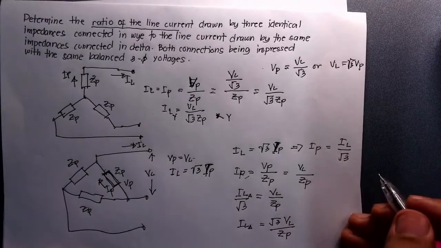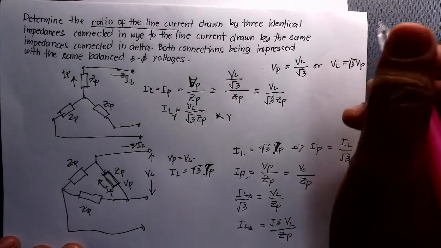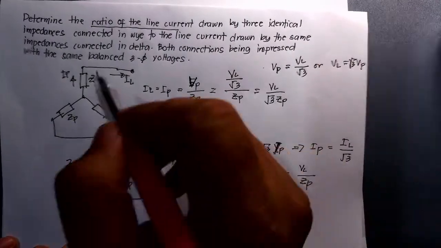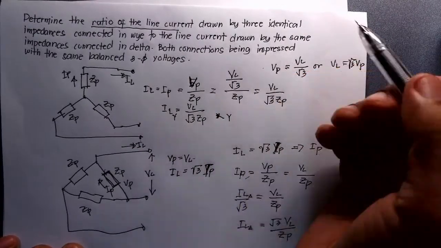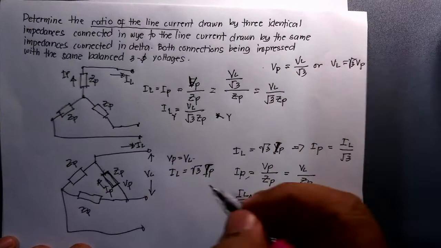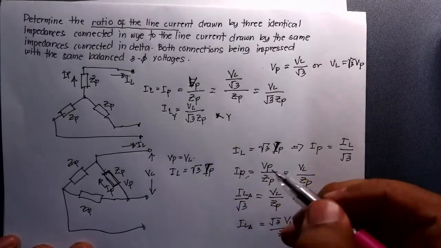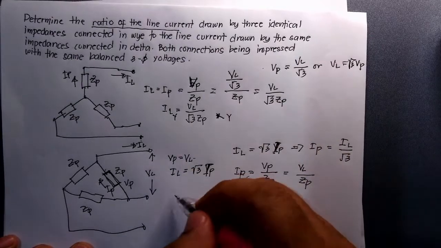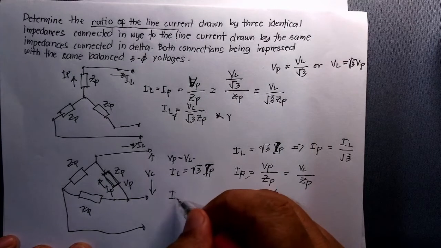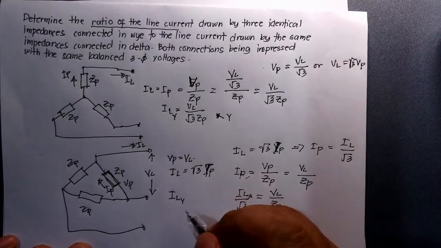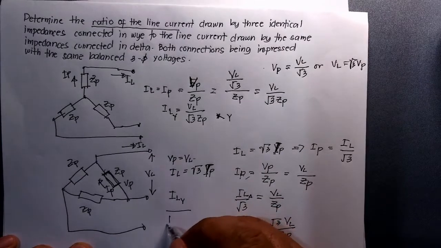So what is now the relationship or the ratio for these identical impedances connected in Y and in delta, considering the line current? The ratio will be I L Y, the line current in Y connection, to the line current in delta connection.